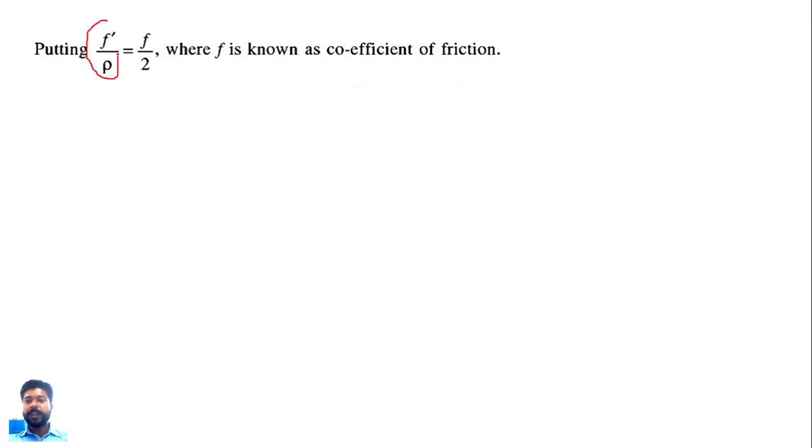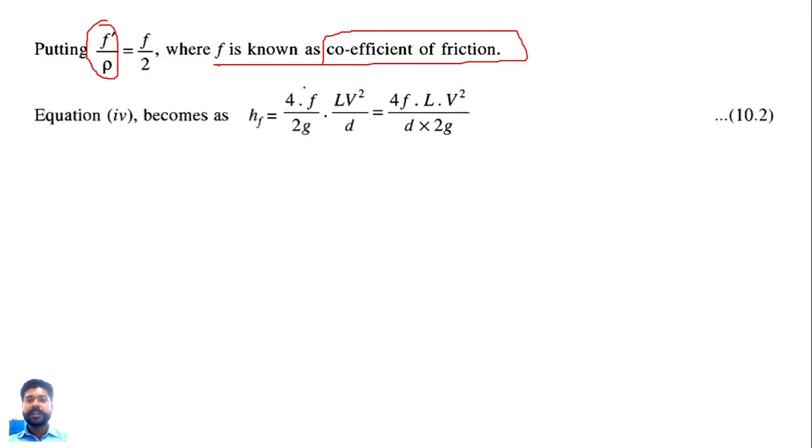Putting the value of F dash by rho as f by 2, where f is known as the coefficient of friction and F dash is the frictional resistance, we get 4 f L V squared by 2 g d.